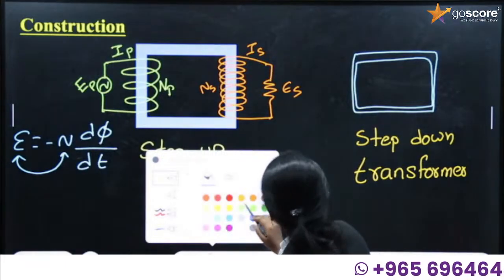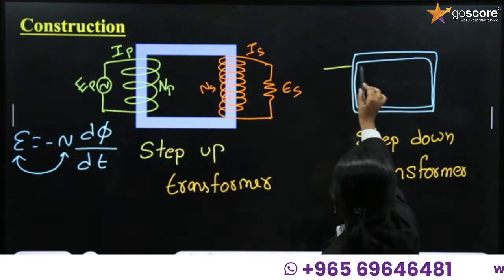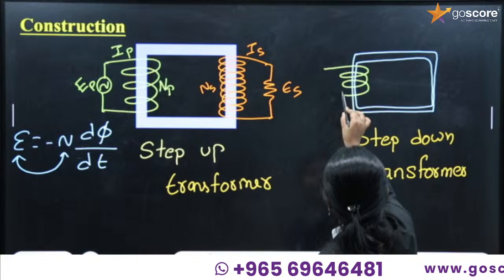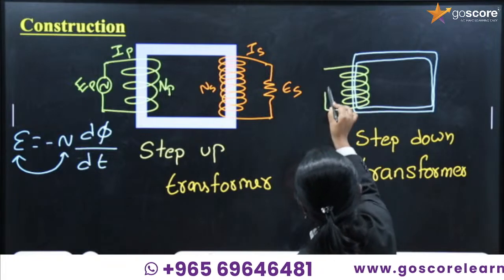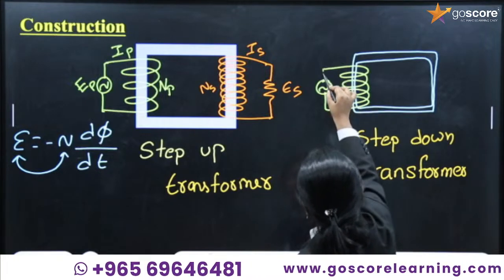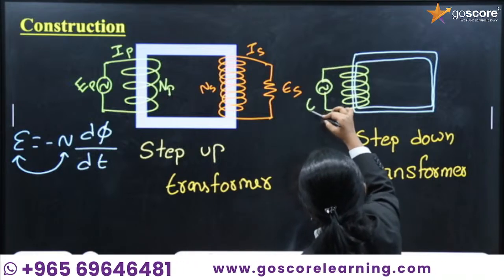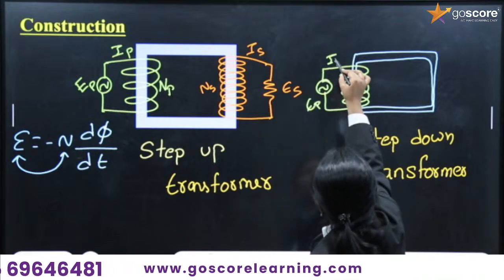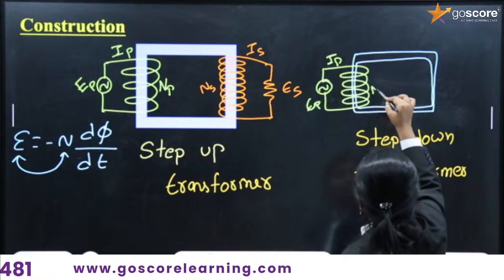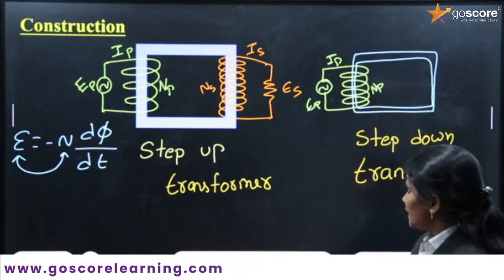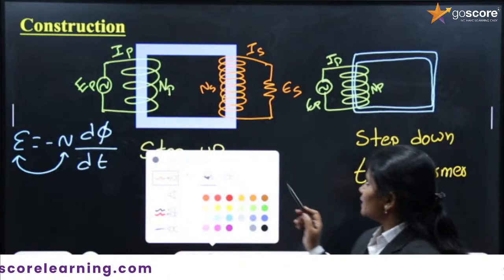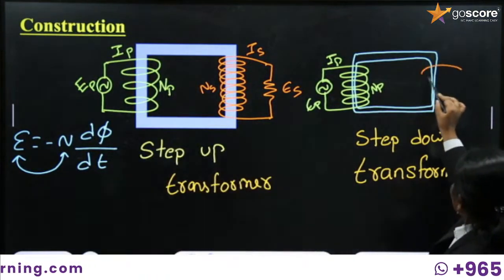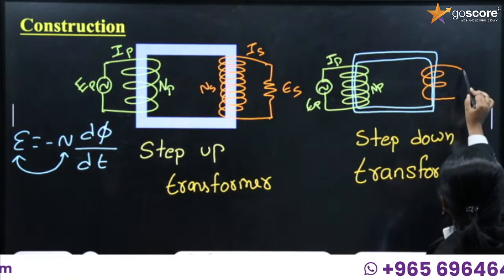It's a step down transformer. That's why on the primary side the number of turns is more, but on the secondary side the number of turns will be less compared to the primary.